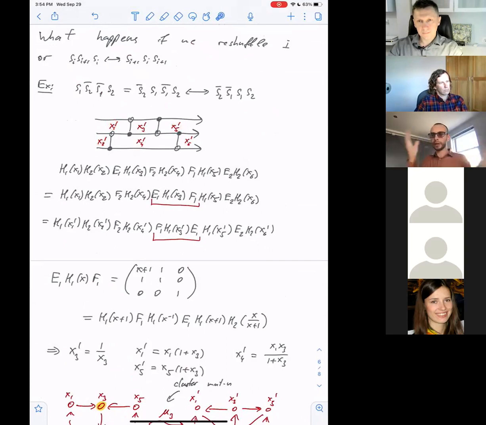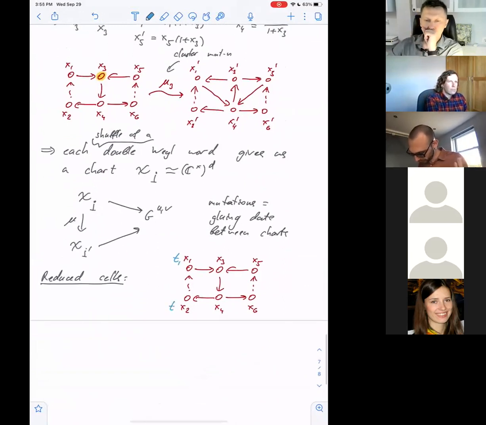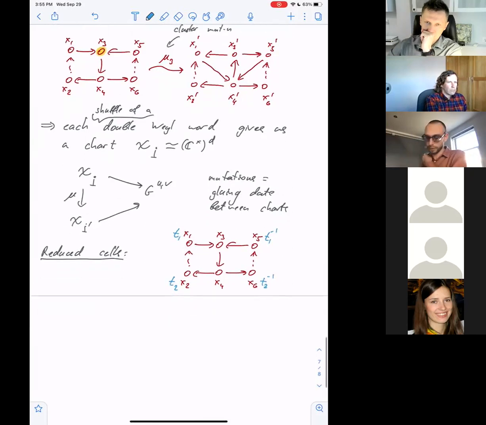When I multiply by the torus on the left, I scale these two, and multiply on the right, I scale these two. So under the joint action of the torus, this one is multiplied by T1, this one by T2, and this one is divided by T1, and this one is divided by T2. This is how the torus acts.